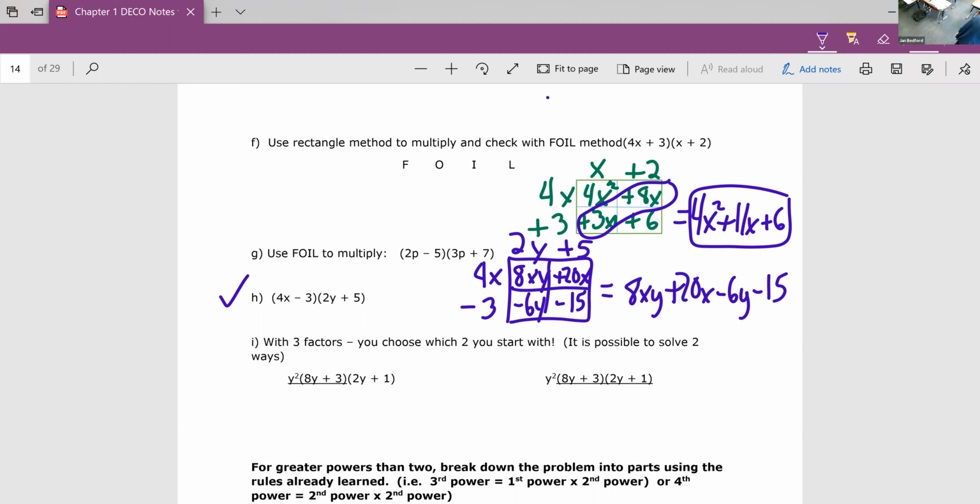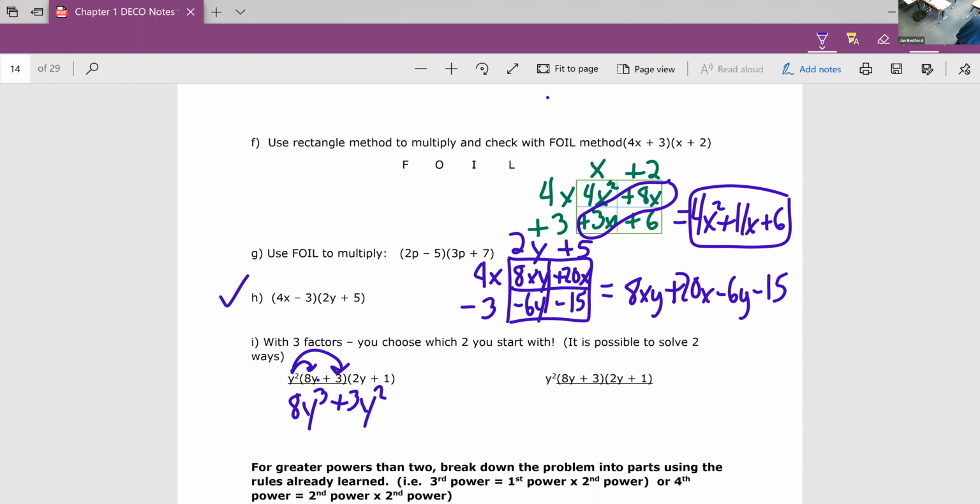So if I did it this way, can I distribute pretty easily through this first parentheses? Okay, so y squared times 8y is what? 8y to the third. And then y squared times +3 is what? Plus 3y squared. Now here's where you got to be careful.